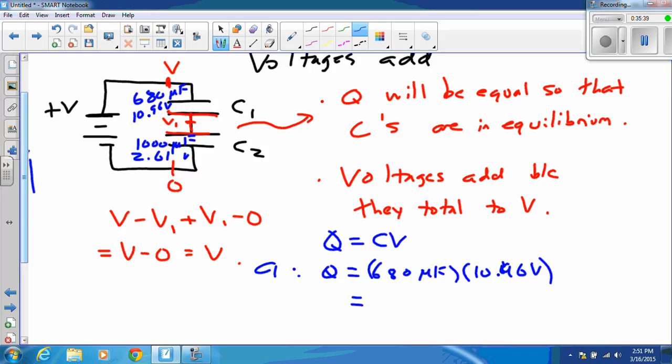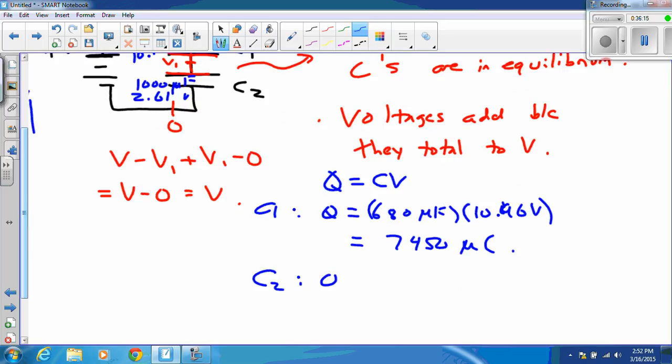So 680 times 10.96 gives me 7,450 microcoulombs of charge on C1 for the total charge stored. Notice that I am not using the voltage of the power supply to make this computation. I'm using the measured voltage across that capacitor, because the Q stored in that capacitor is equal to the voltage drop across that capacitor times the capacitance of that capacitor. Does that make sense? Not of the power supply.